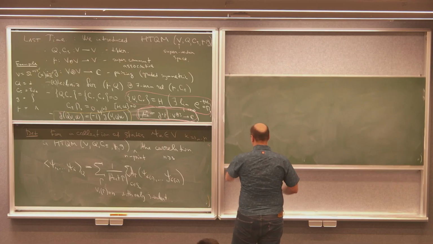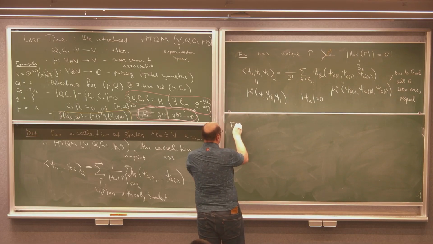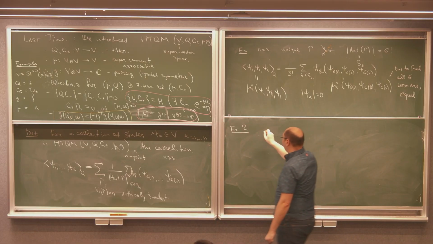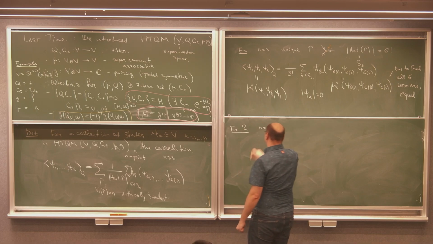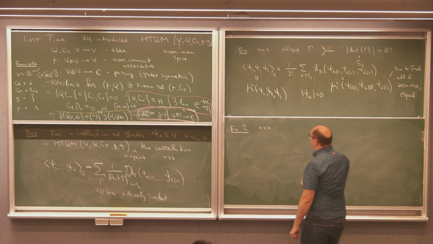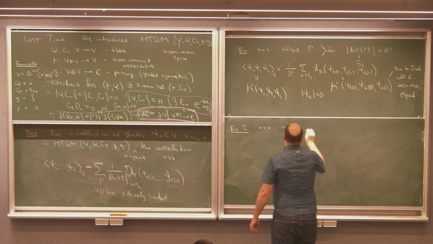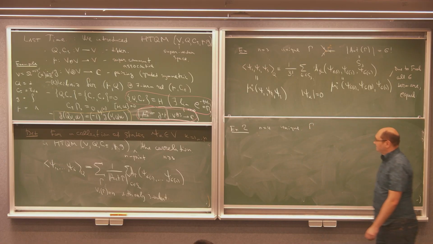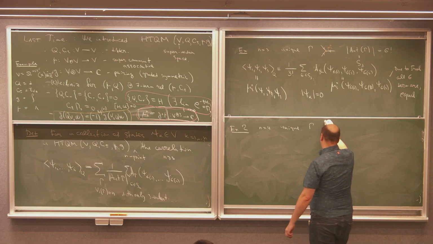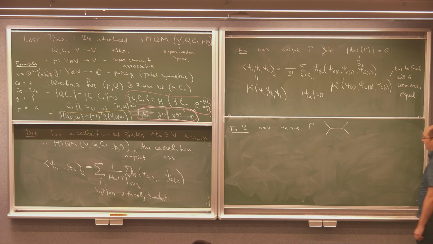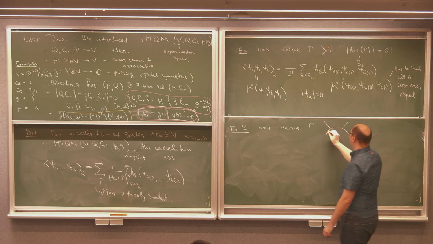So the next example is the case when n equals 4. In this situation, once again, we have a unique gamma with 4 leaves, and this unique gamma is this tree of this shape.